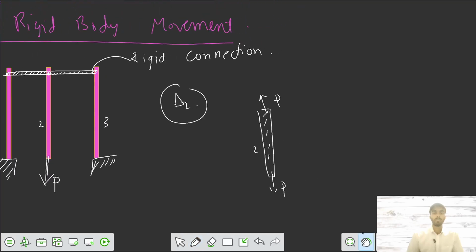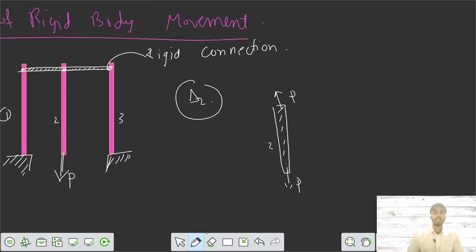Now if the force here is P, then in the rigid connection bar, it's connected to member 1, rod 1. Firstly, what's the reaction that has been transferred to this point at the mid part?